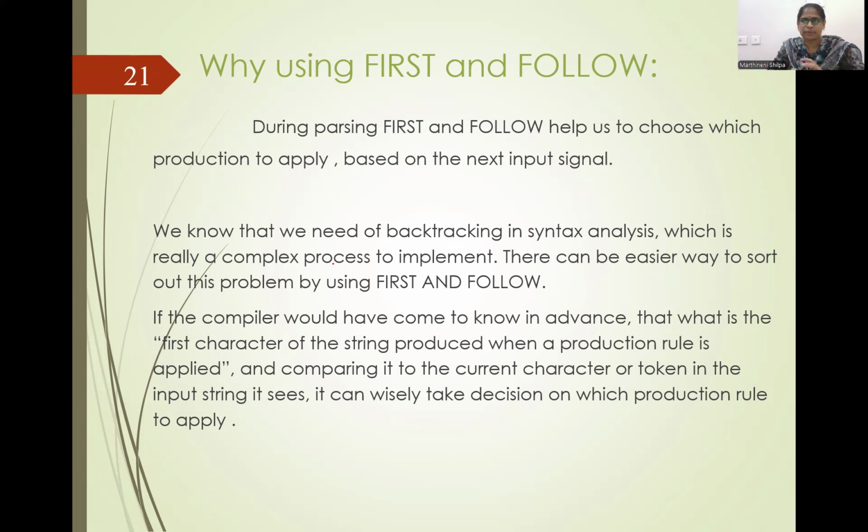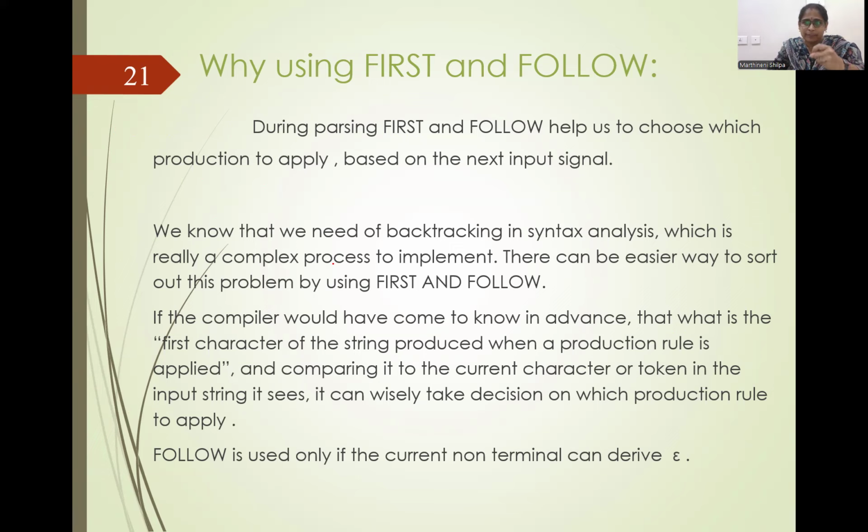During the process of derivation, first and follow will help to choose which production rule is to be applied based on the input symbol. In top down parsing, backtracking in syntax analysis is one type of parsing technique which is very difficult to implement.